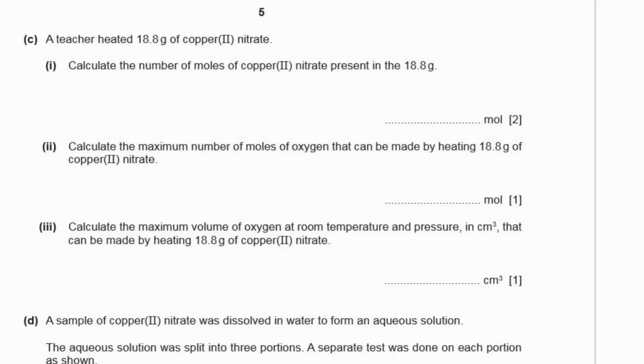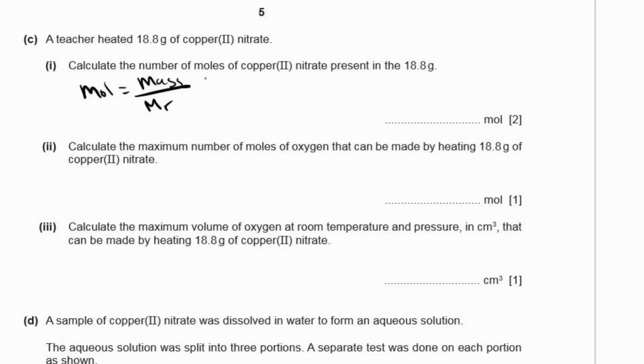And now for some calculations. C. A teacher heated 18.8 grams of copper(II) nitrate. 1. Calculate the number of moles of copper(II) nitrate present in the 18.8 grams. Okay, so the formula for calculating moles: moles equals mass over relative molecular mass.